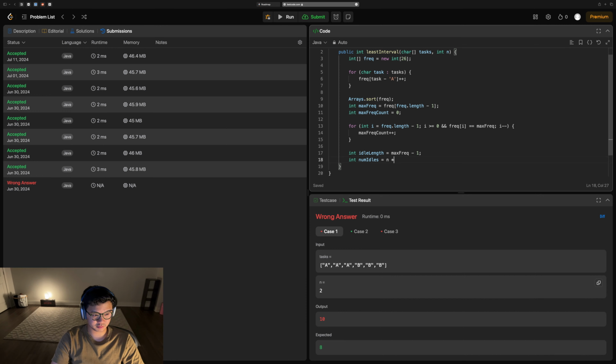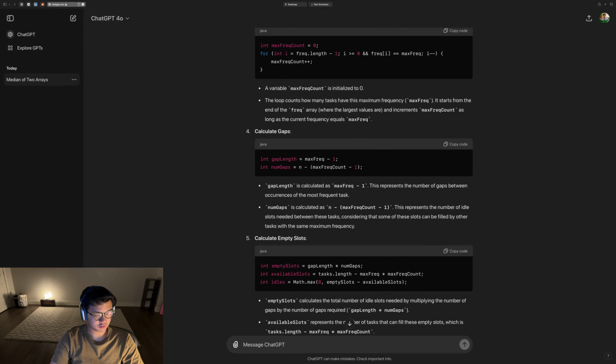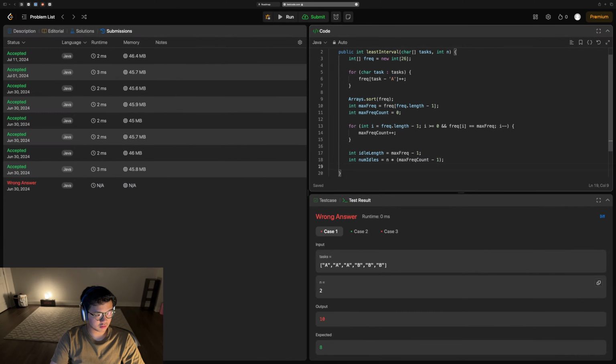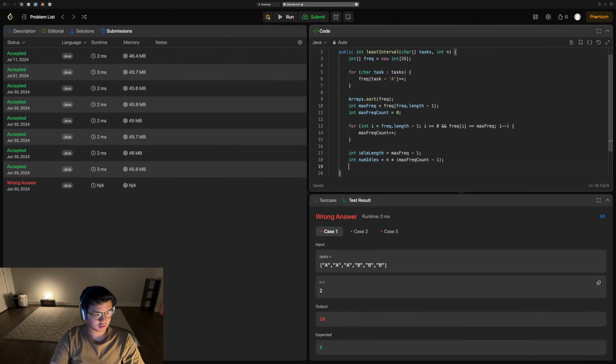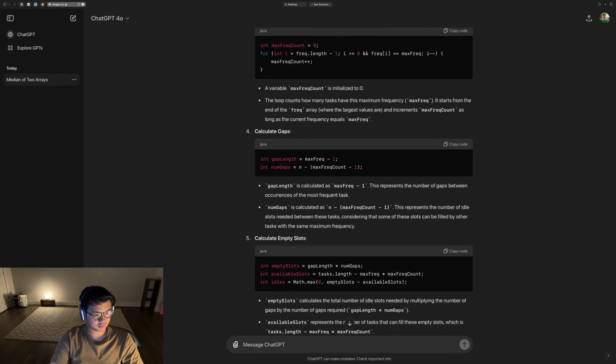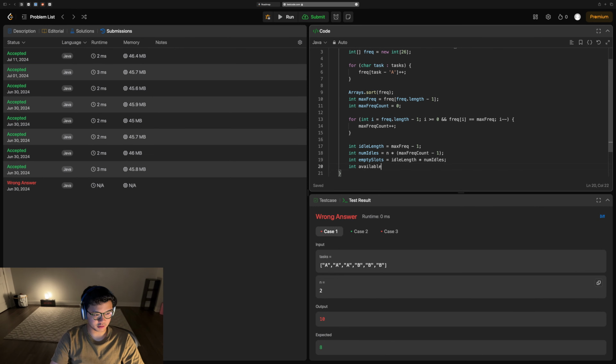And then we calculate the empty slots. Available slots.